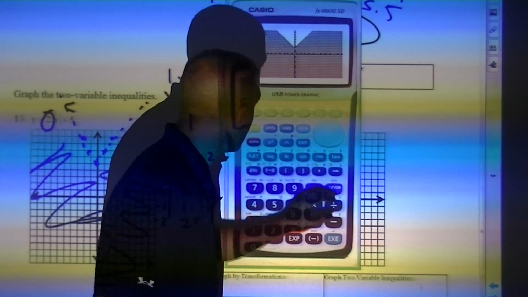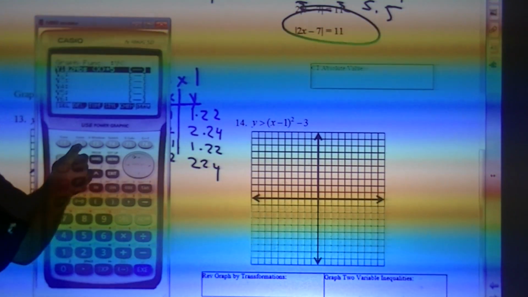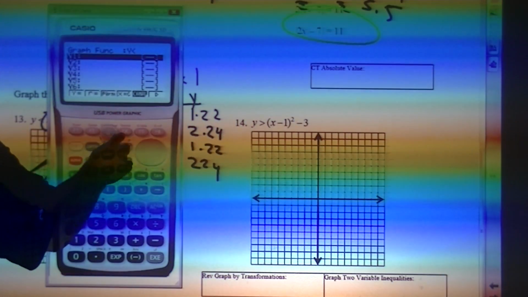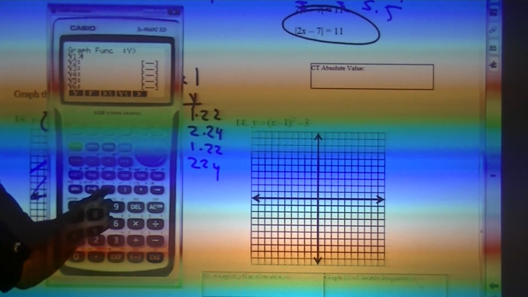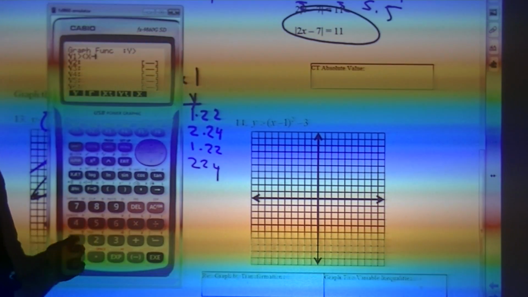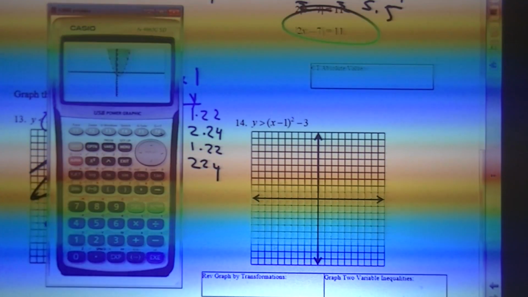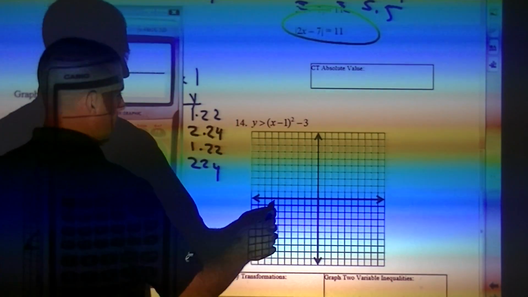Let's move over here to this one. Now, I'm going to go back in and delete this. What I'm going to do is take my type, y, and I'm going to do x minus 1 squared, minus 3. So I'm going to draw this. My anchor point here is 1, -3.